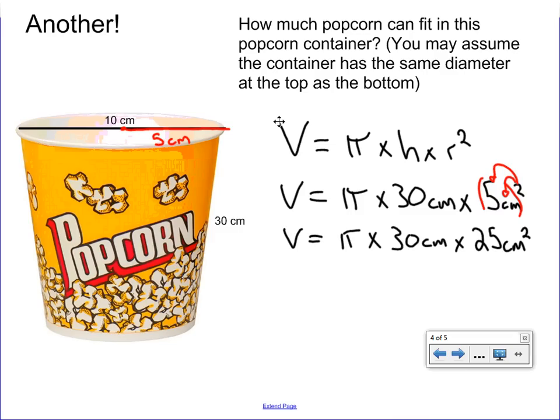If we put this into our calculators, pi times 30 times 25, we get a volume equal to 2,356.19449. We'll go to 2 decimals, and again our units are centimeters cubed, because that's the volume. Hopefully this helps you with your question, and we'll talk to you another time.